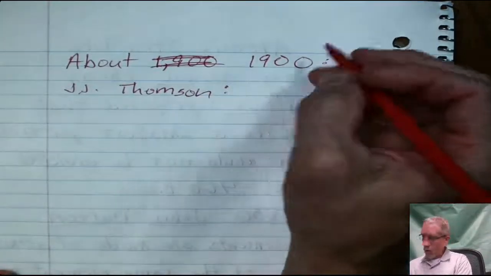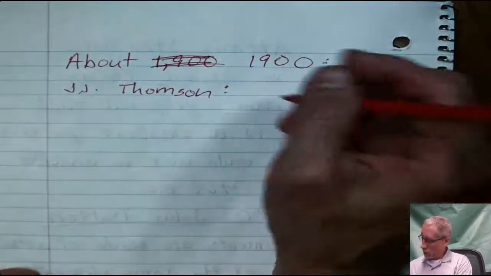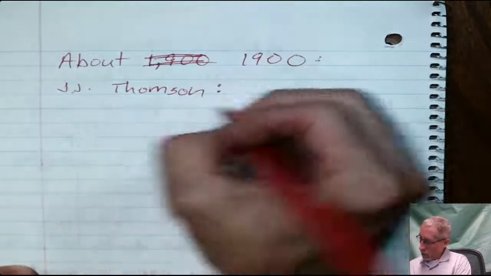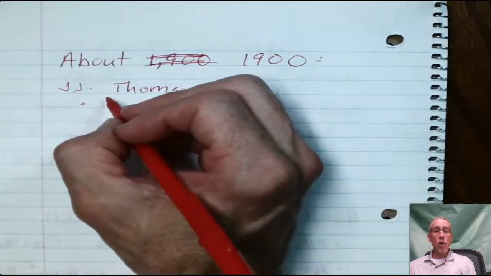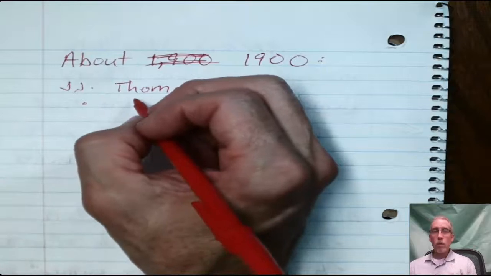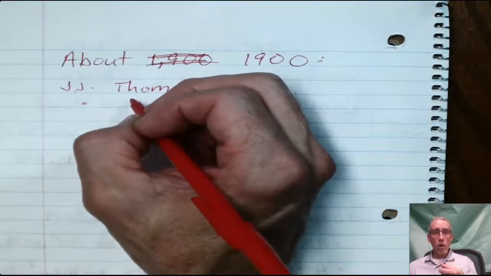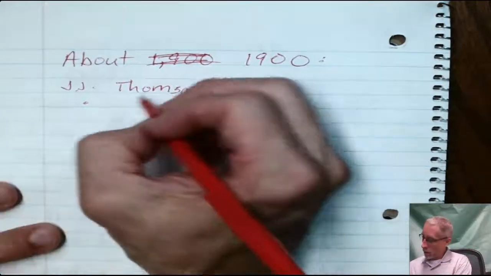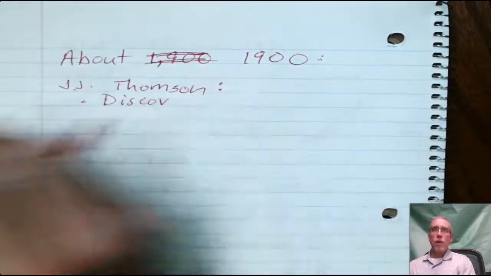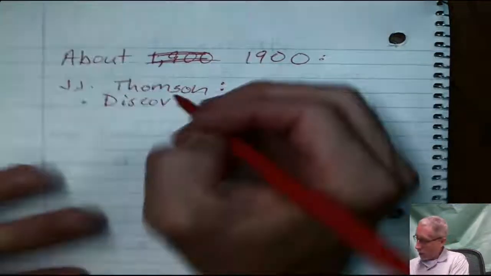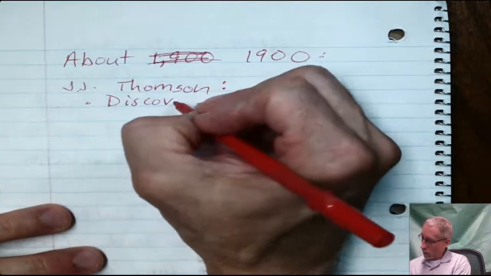So he discovered, and I'm not going to get into all the detail of his experiments, he discovered that atoms are actually made up of smaller particles. And these particles had a characteristic he called charge. We call it now positive and negative charge. So he sort of realized that it wasn't just one solid thing as John Dalton had thought.